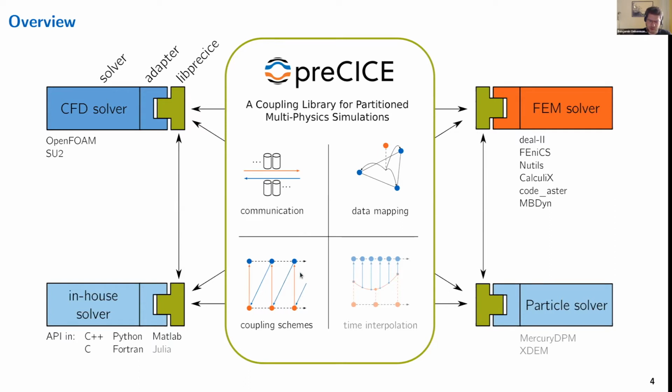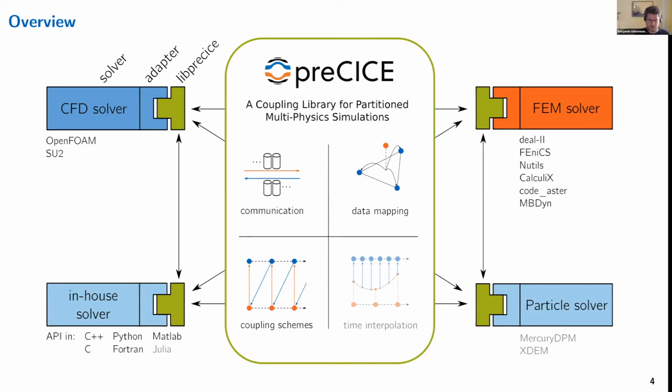But it's not only this logic. In here, there are also acceleration methods. So for example, quasi-Newton acceleration methods for implicit coupling schemes so that you really get a stable coupling here. And something we currently work on is time interpolation.